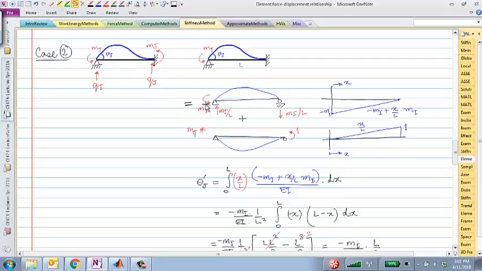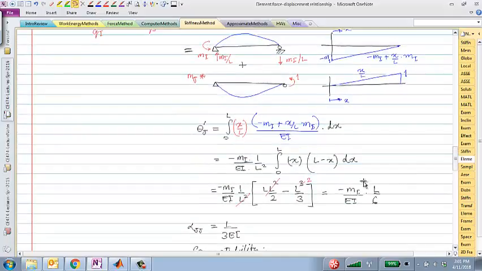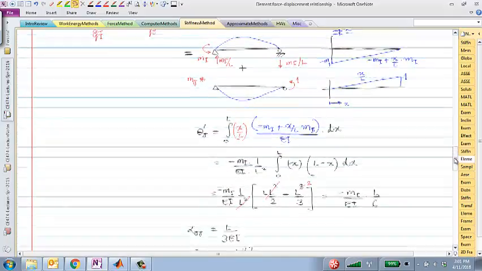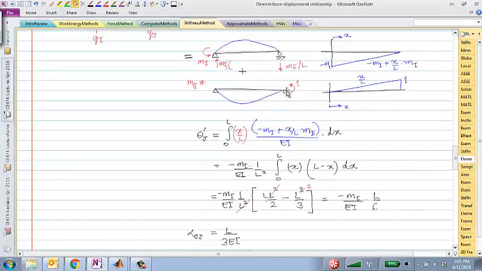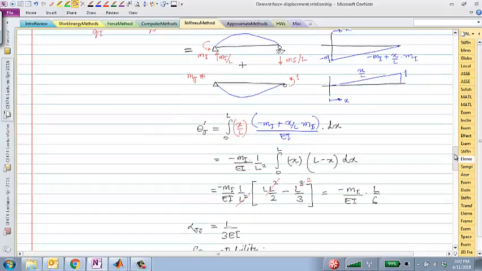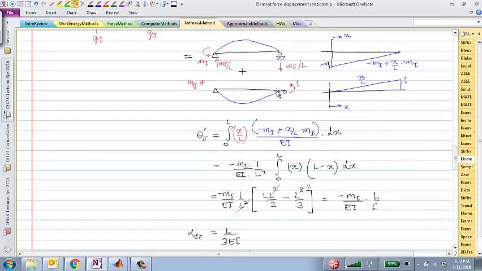The rotation theta j prime is the rotation at the right end when I apply moment at the node I, and that we just found was minus mi L over 6. Alpha jj is the rotation at the right end when I apply a unit moment at the right end, right? So in terms of these two things, the compatibility equation would say that when I combine these two, the rotation at the right end should be 0.